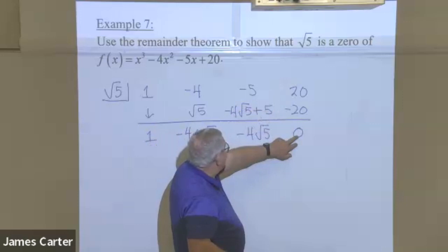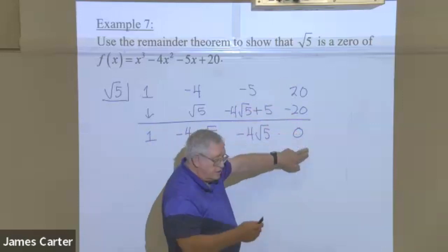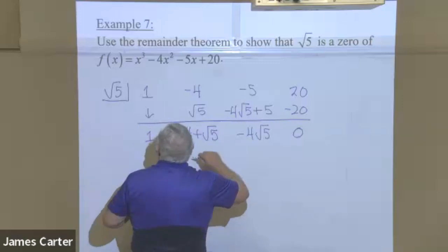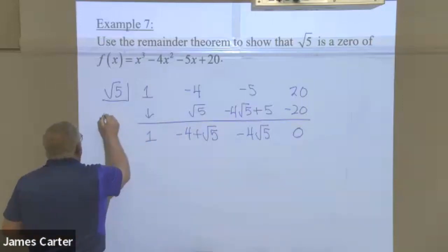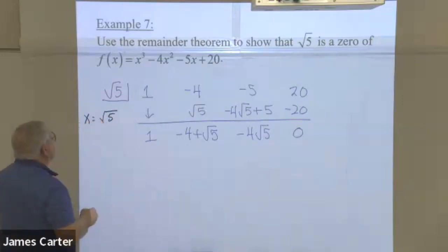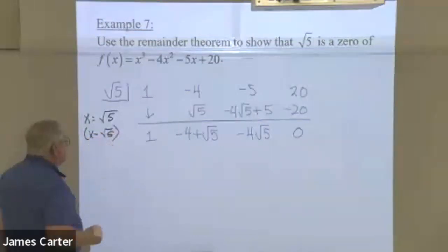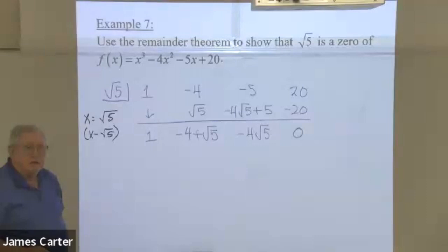We subtract, or add rather, and we get 0 remainder. What that tells us is that square root of 5 is a 0 of this. X minus square root of 5 is a factor of this.